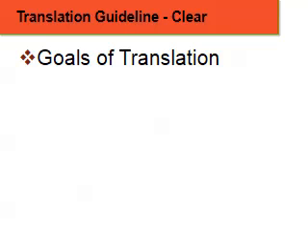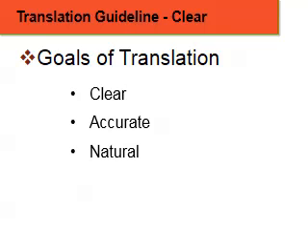The goal of accurate translations is to translate the meaning of the original message clearly, accurately, and naturally, keeping the author's main focus in mind. This ends this lesson on clear translations. Be sure to view the other lessons on translation guidelines.